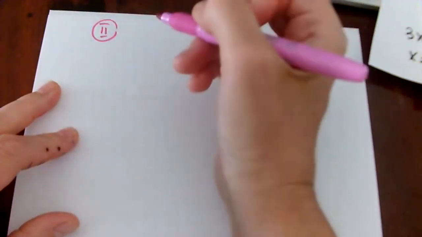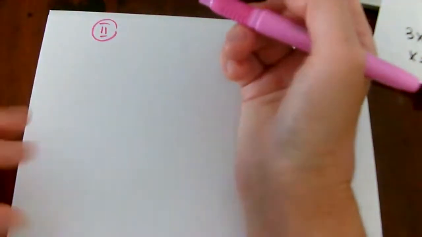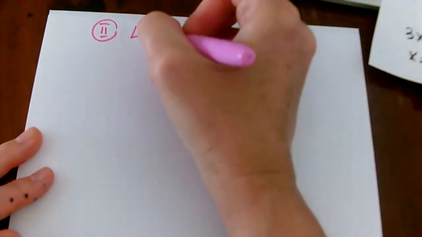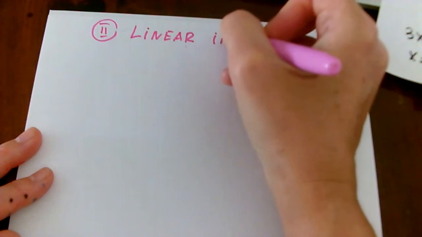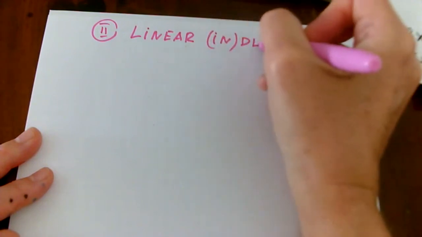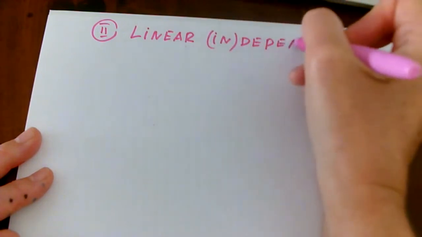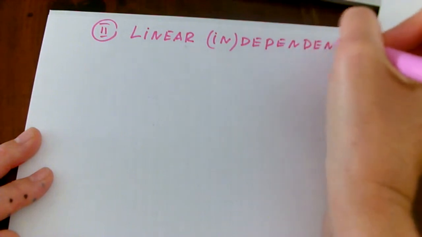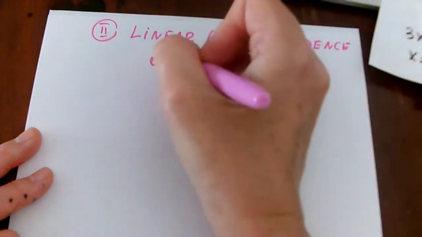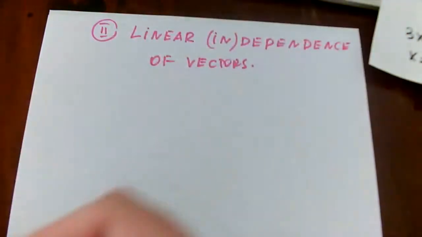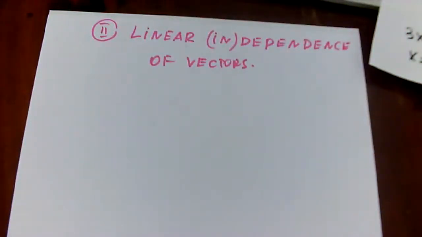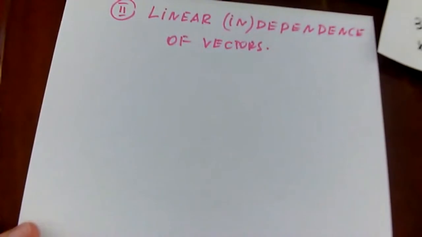The second topic is about linear dependence or independence of vectors. So let's write down the name of the topic: linear dependence of vectors. How to explore a collection of vectors as to whether they are linearly dependent or independent.